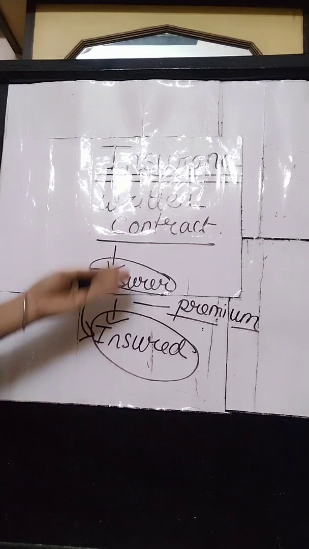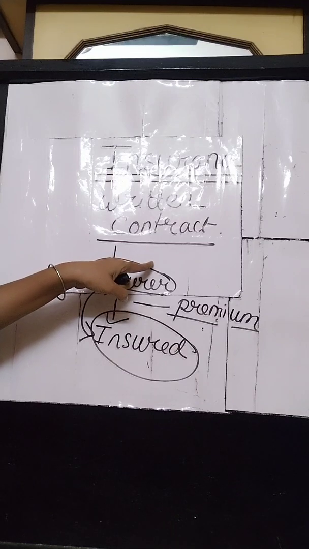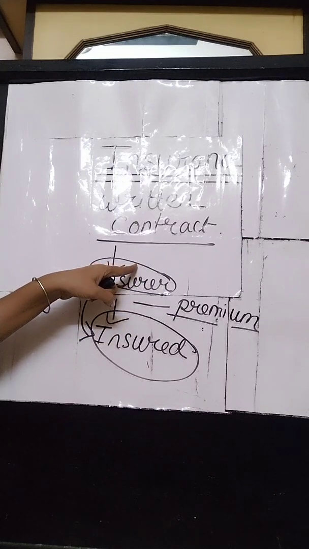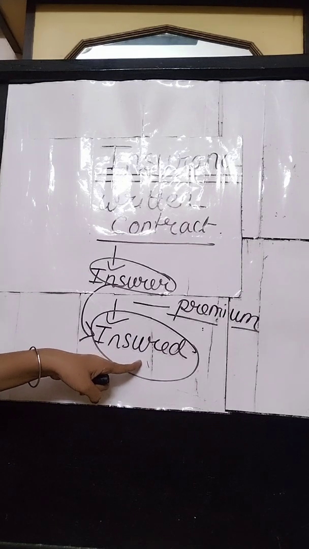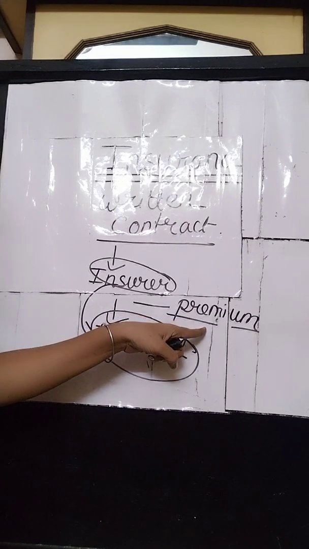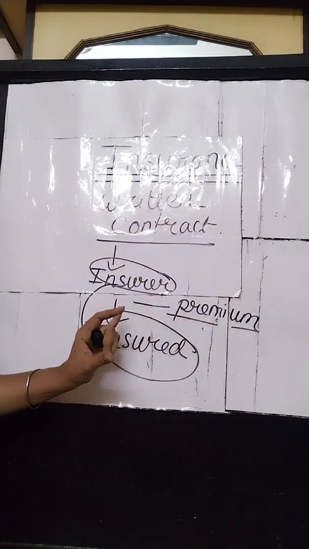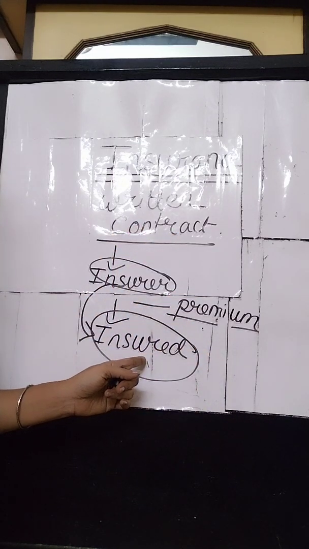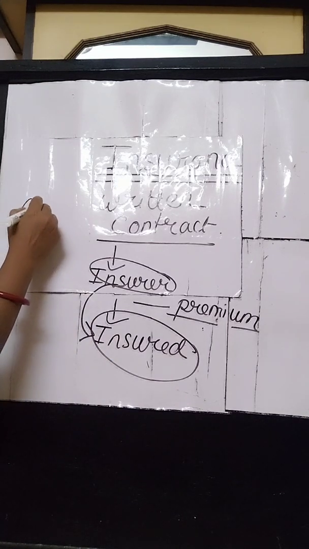So thus we can say insurance is nothing but a written contract whereby one party who is called the insurer agrees to pay a specified amount to an insured in consideration for a payment called premium. So it is a compensation against the loss or damage suffered by the insured on account of an uncertain future event.